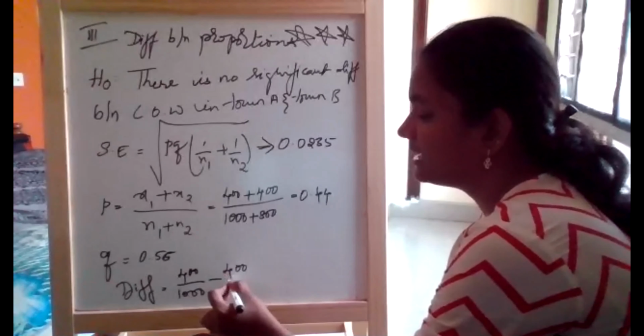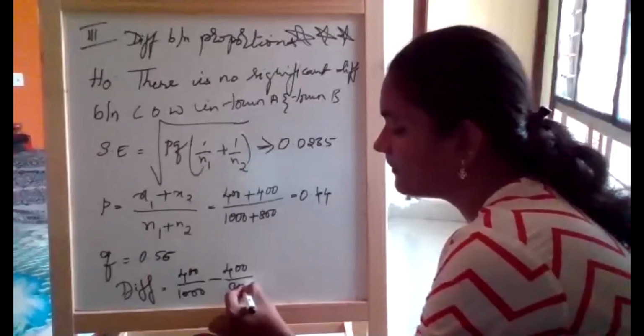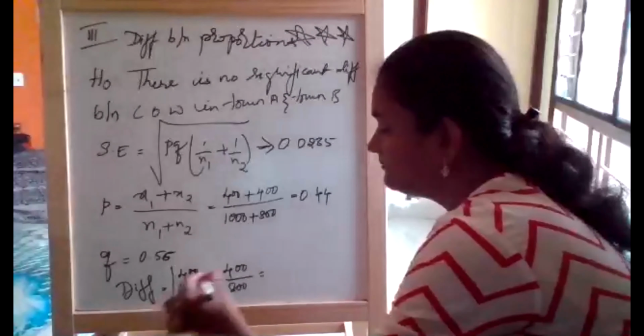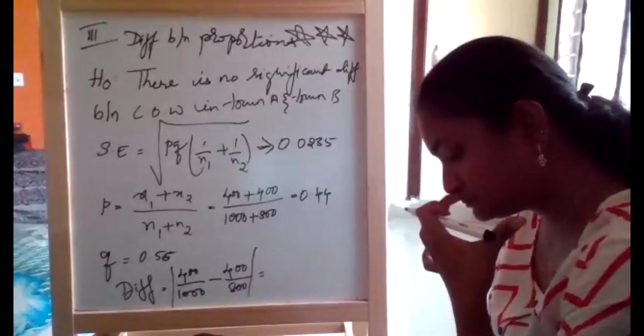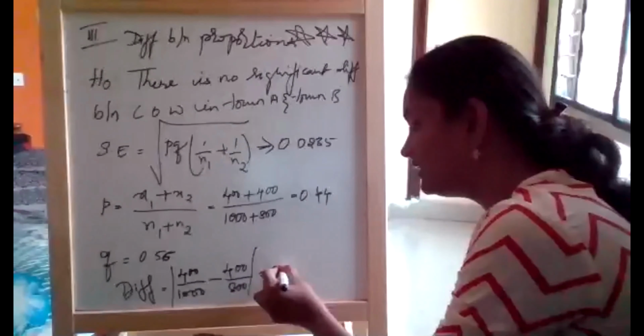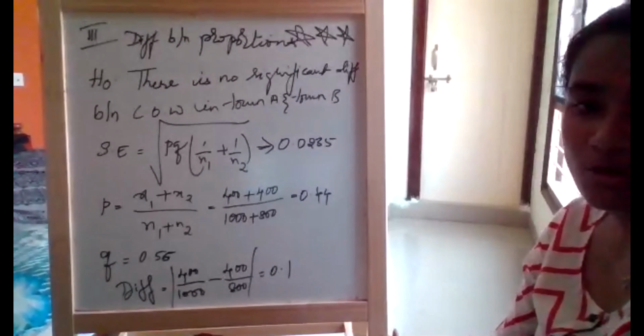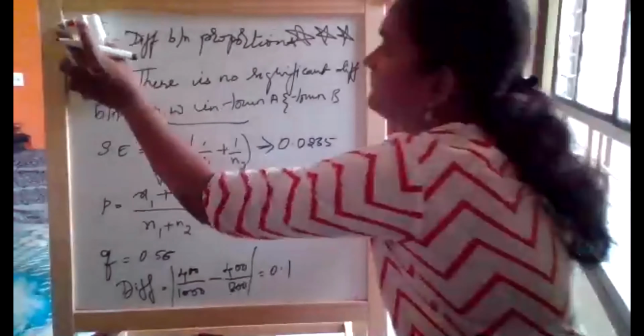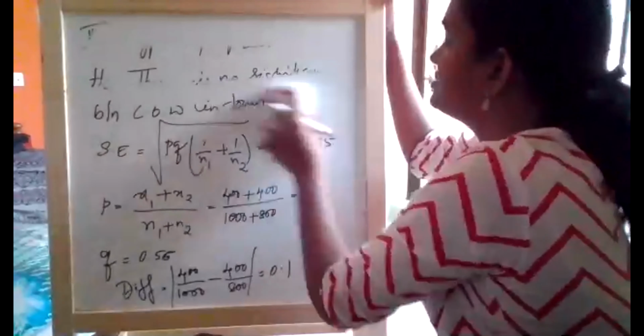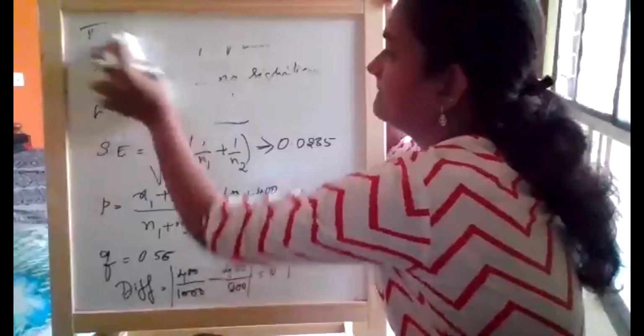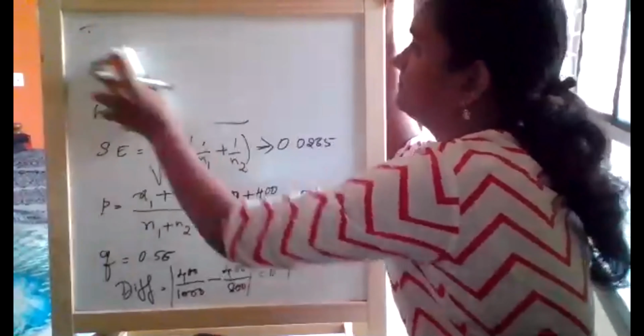So 400 by 1000 minus 400 divided by 800. My difference value is 0.1. Okay, guys? Understood? Yes, ma'am.